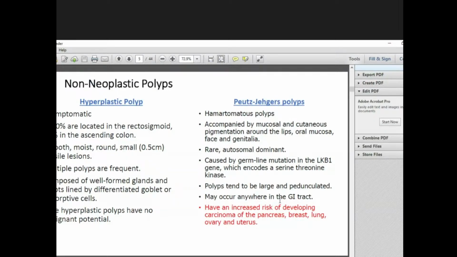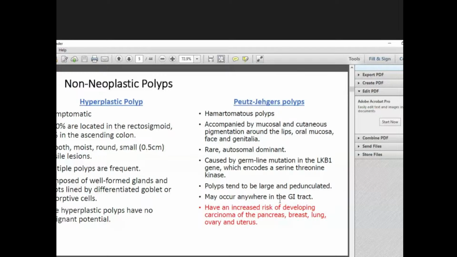You have a long scenario, and with just one thing you can pick the diagnosis: pigmentation around the mouth, genitalia, and the mucosa. They are rare, and their way of transmission is autosomal dominant. They are caused by germline mutation in the LKB1 gene, which encodes a serine threonine kinase.